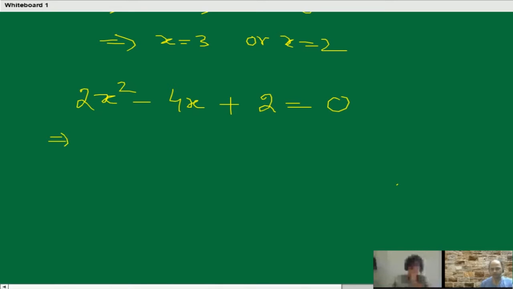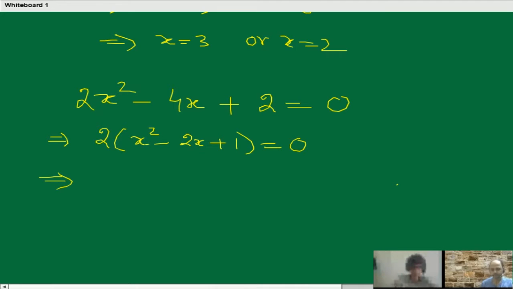Okay, so first, can you tell me, if we just see it, what would be the common factor over here? Yes. So it would be x squared minus 2x plus 1, if we try to factor it out. So can we divide both sides by 2? Yeah, we can.